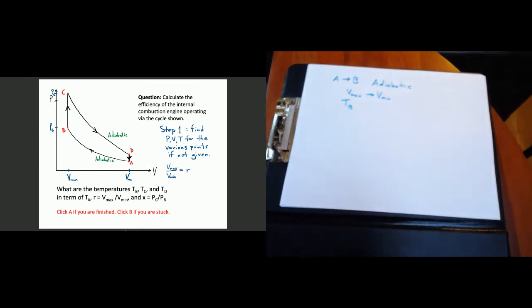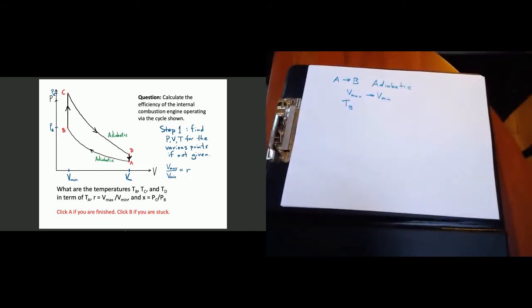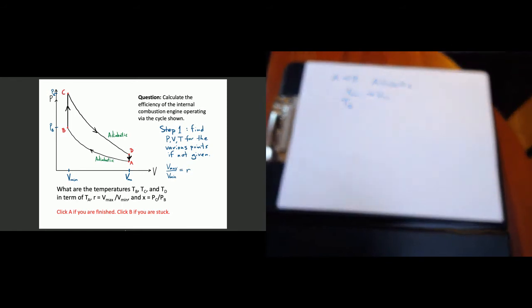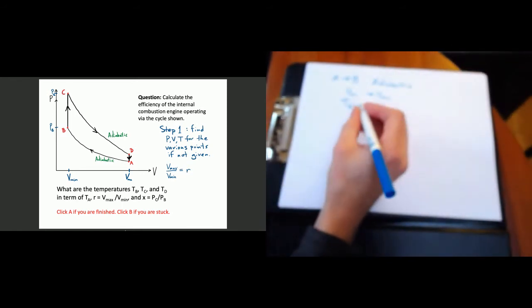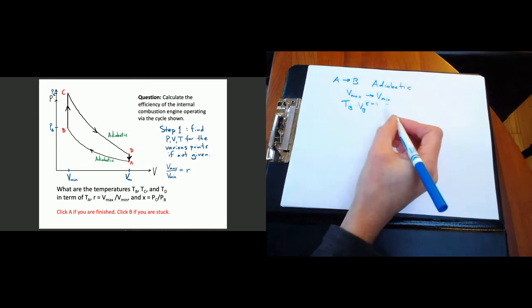And when we're dealing with adiabatic processes, that's the situation where you're going to use these special formulas with the gamma. So we remember that T times V to the gamma is a constant.